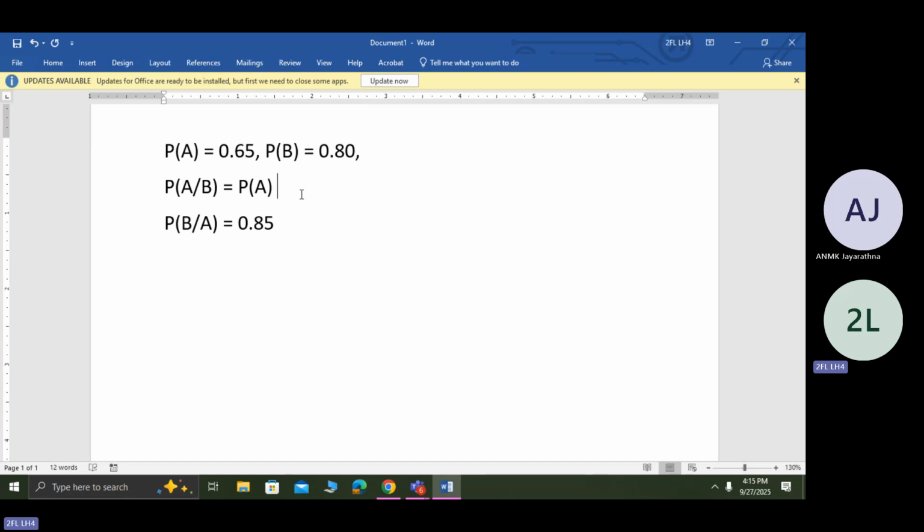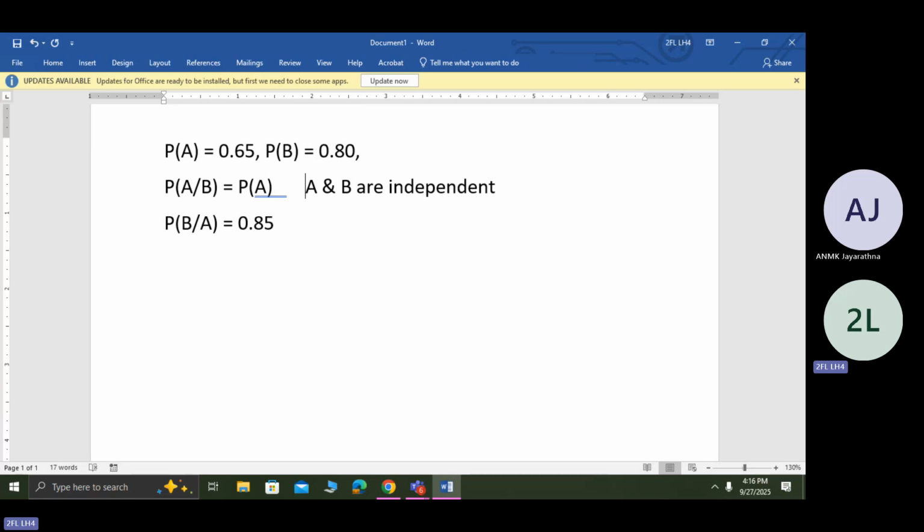Based on that, we can say A and B are independent. Before we studied that if two events are independent, the conditional probability is equal to the probability of the second event. Is it clear? Then the question is given; based on the third concept, we can assume these two events are independent.